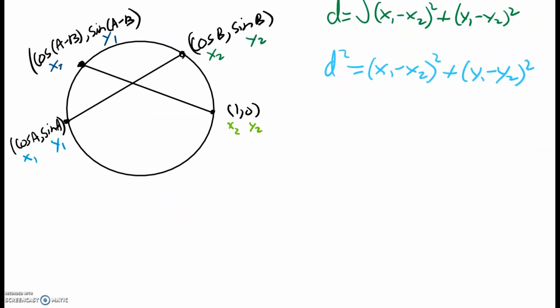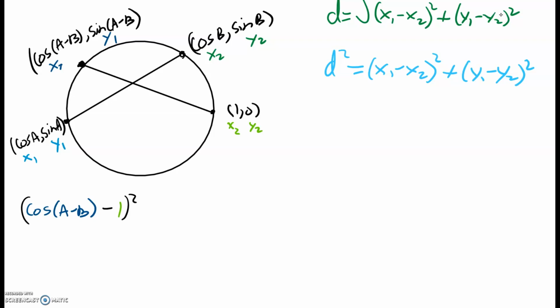Instead of x's and y's, we're going to have cosines and sines. So we're going to have the cosine of A minus B, the cosine of A minus B minus 1, and that's going to be squared.